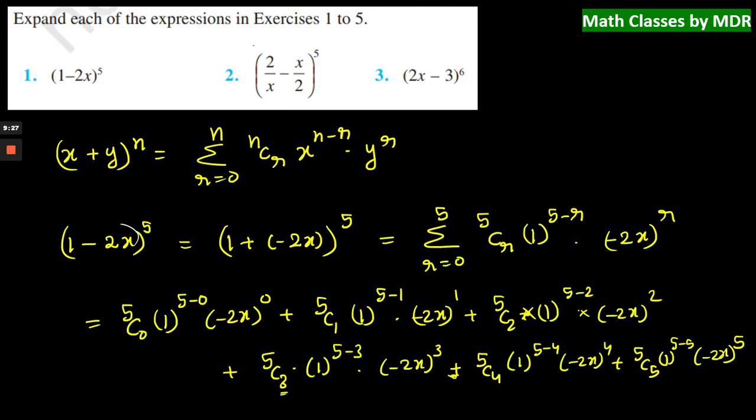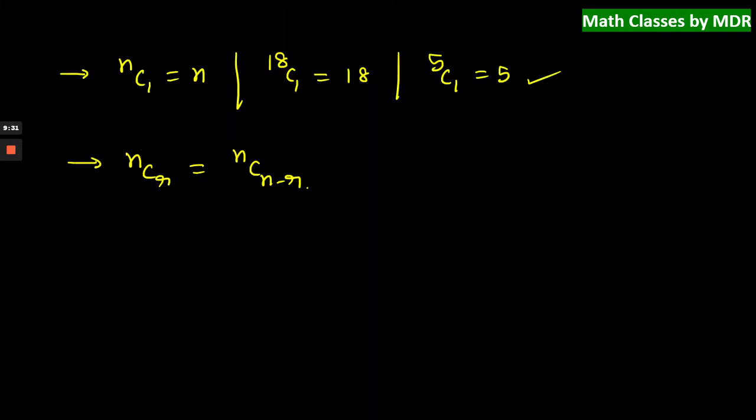5c3. 5c3 is also equal to 5c2 because they are in the form of nCr equals nC(n minus r), right? So 5c2 is also equal to 5c3.